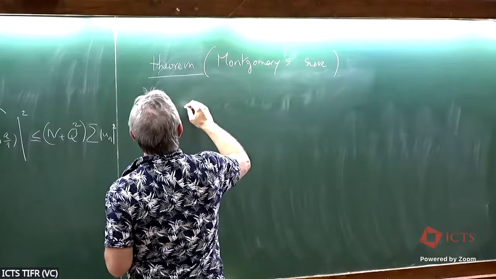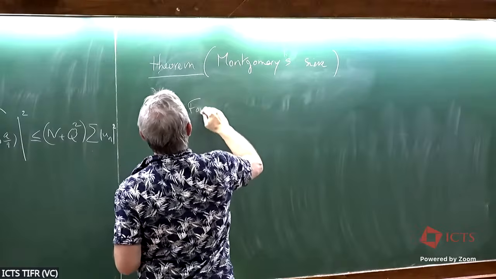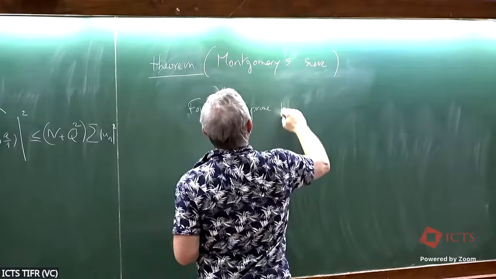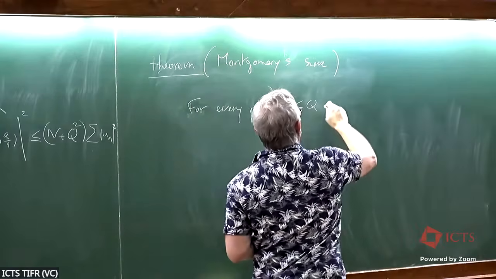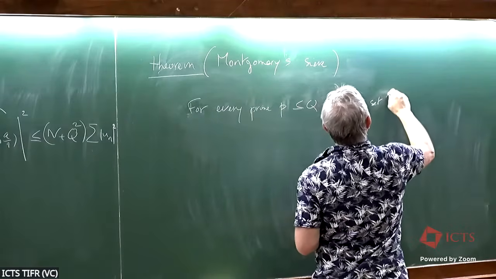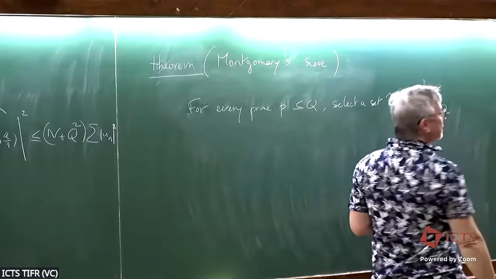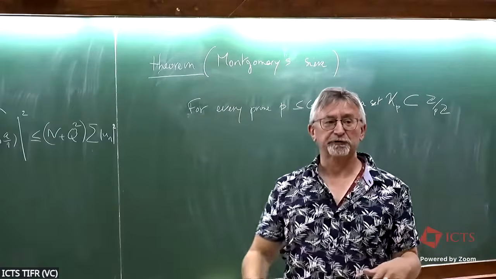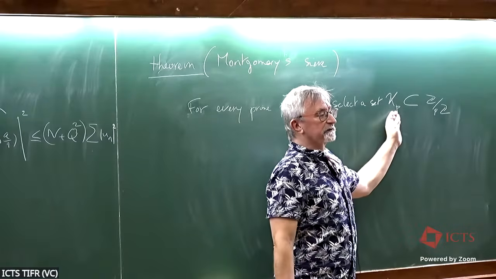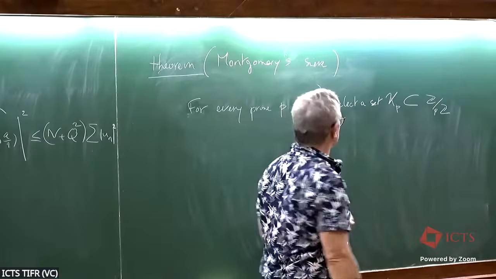So let, for every prime p less than some capital Q, select a set K_p inside Z/pZ. That's the integers you want to keep. If you want to sieve the primes, you say I'm going to keep all the integers that are not 0 modulo p, so that are not divisible by this p.